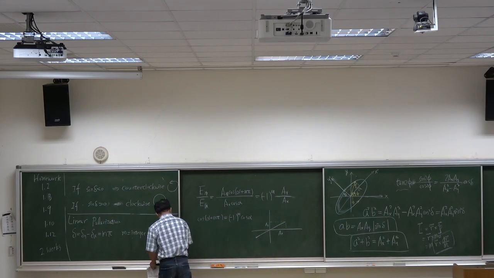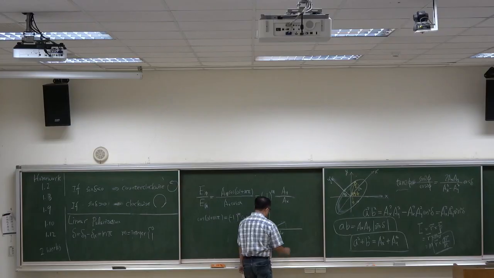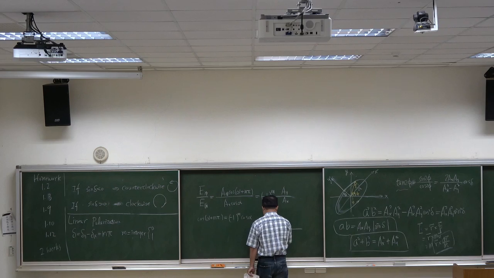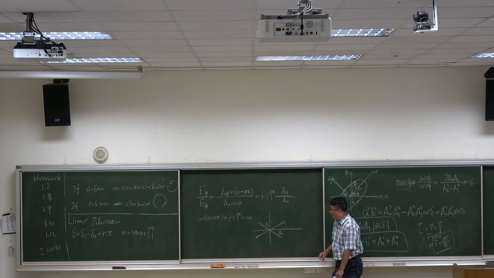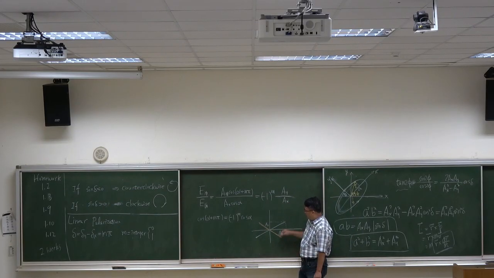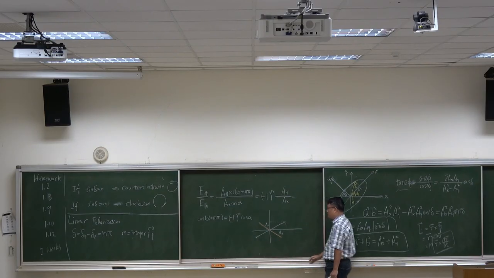If m is equal to 1, then it becomes this situation. For m equal to 0, the E vector vibrates in the first and the third quadrant. Therefore, for m equal to 1, the vibration is in the second and fourth quadrant.